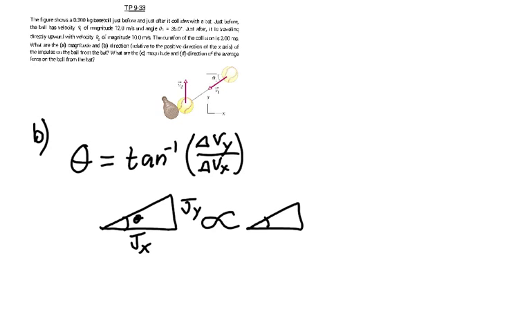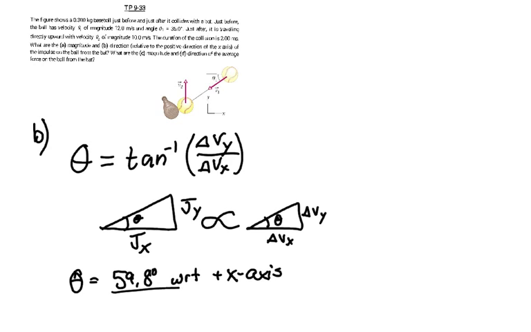Again, that's equivalent to saying the change in velocity in the y direction, change in velocity in the x direction, where here's our angle. So we're looking at the opposite over the adjacent, which leads us to our tangent function. And we finalize that, and we get 59.8 degrees with respect to the positive x-axis. And there's our answer for part B.